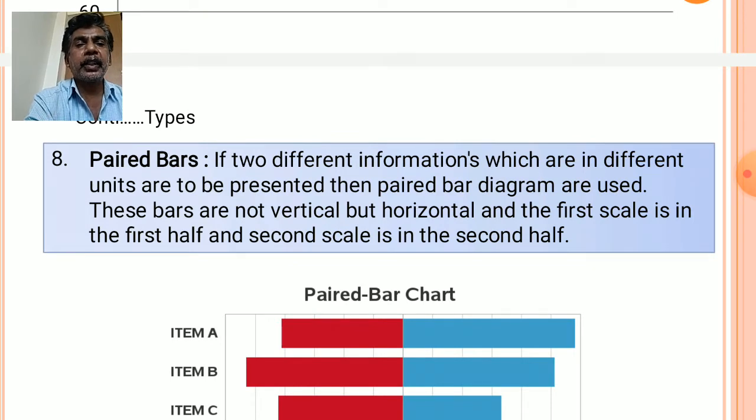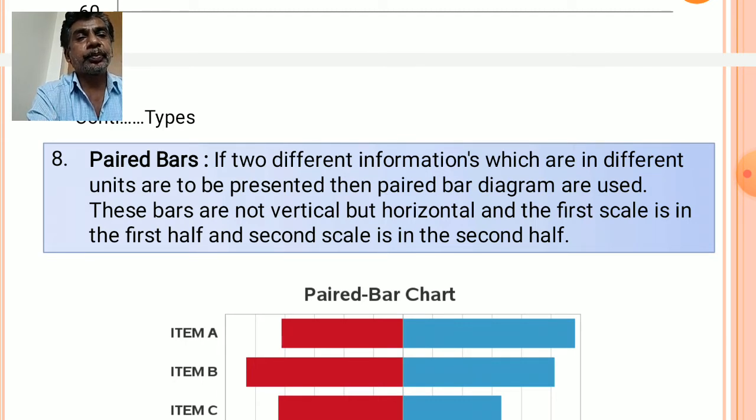So paired bars, another type of bars, are used when two different informations which are in different units are to be represented.